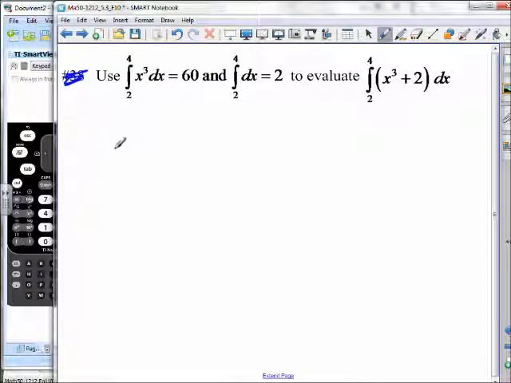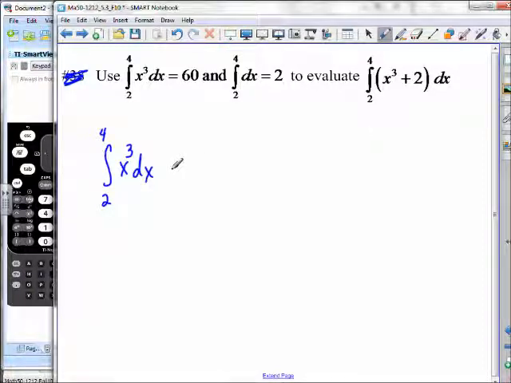Okay, so let's look at this. If I'm going to evaluate this from 2 to 4, I remember I can multiply those. I can break those into multiple integration problems.